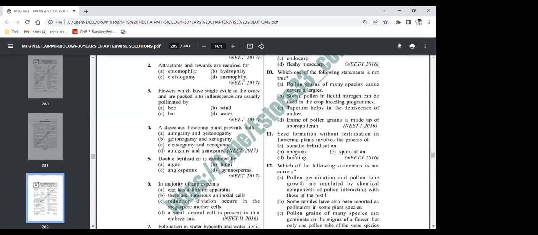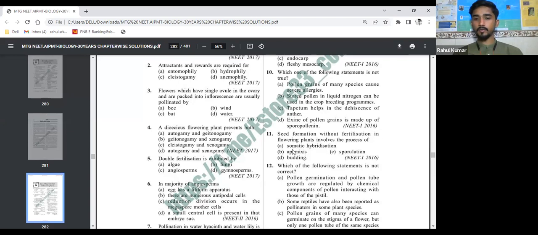Now write down the answer of this question is B, apomixis, and write the explanation. Apomixis is a mode of asexually producing seeds.